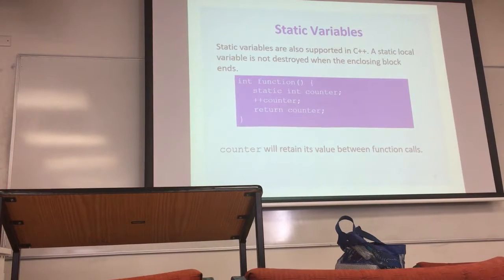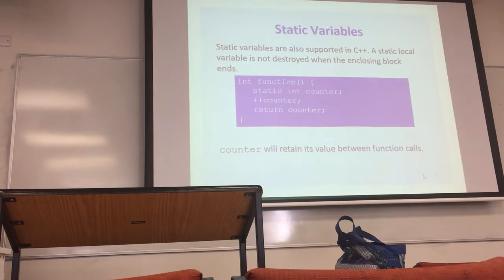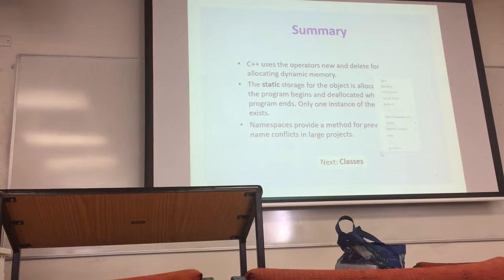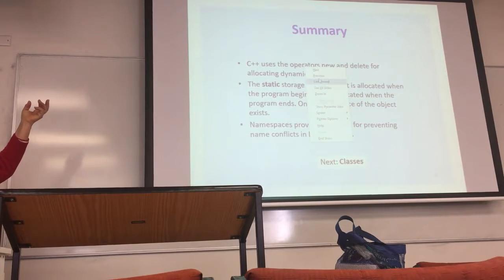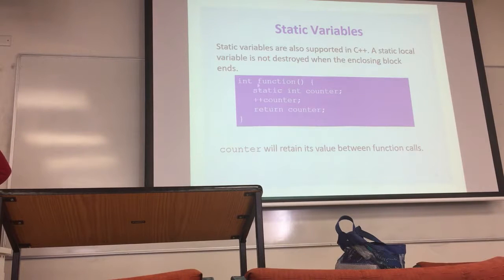Of course, these static variables can be of any type, not necessarily int. They can be strings, floats, whatever you want. We have seen that new and delete are used for pointers, and we will practice with them in future lectures. Static storage is something you have to be aware of. It's not global because you can't access counter outside the function.